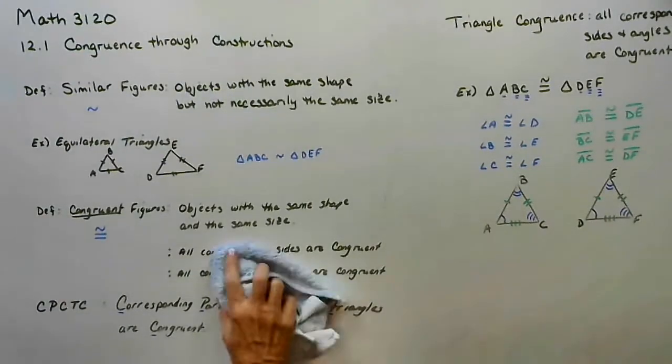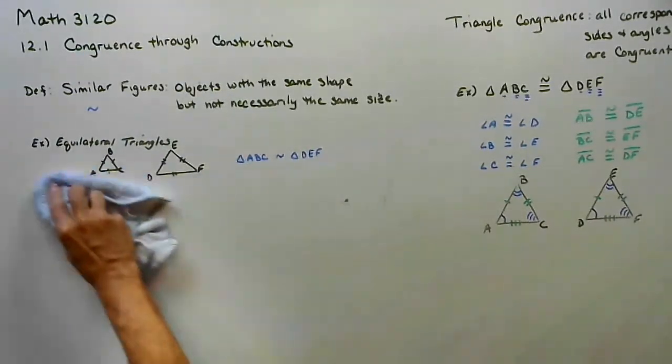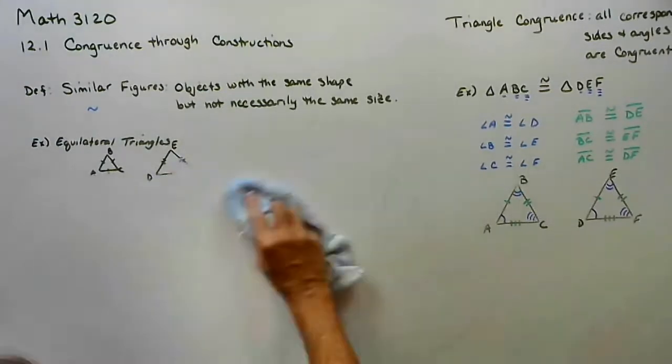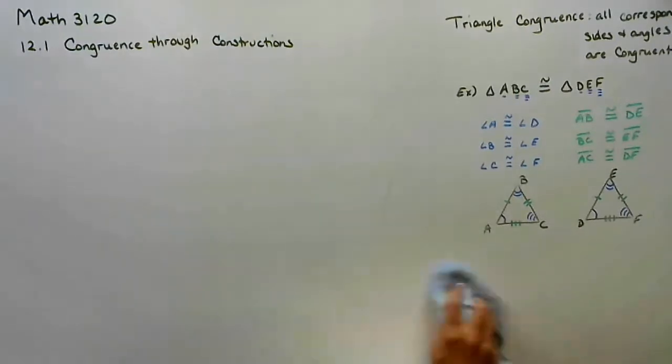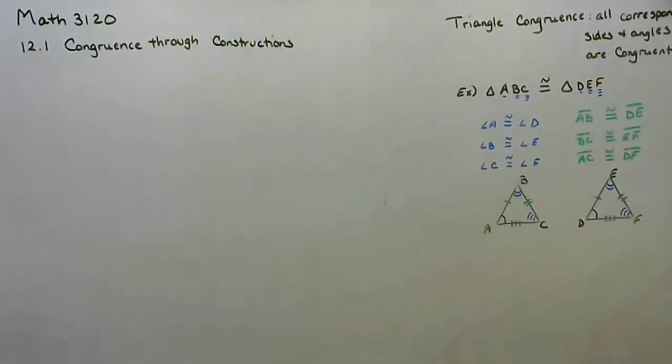I'm not asking you to remember how to do it, but it might sound familiar. So we're going to look at two theorems. And remember, a theorem has been proven true. And once you prove a theorem true, you can use it forever. So for now, we're not going to be proving them true. We're just going to be using them.